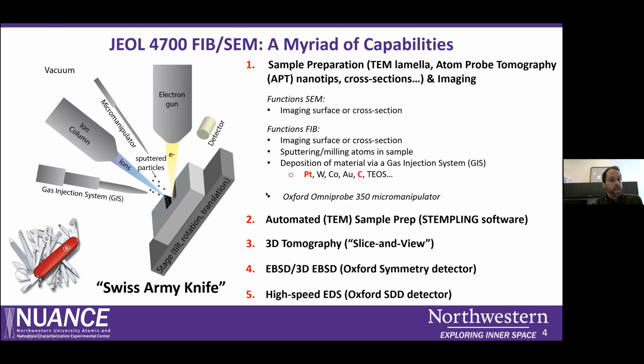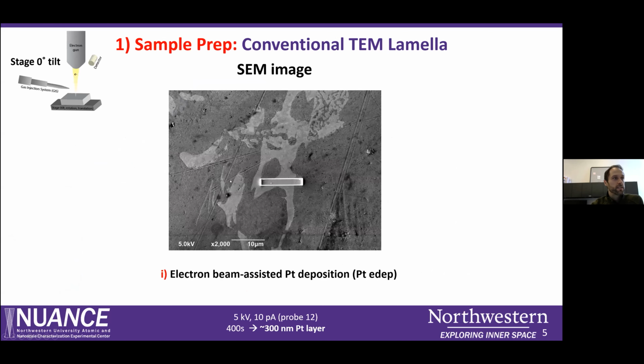And lastly, she will talk about high-speed EDS that we can also acquire with a high-speed silicon drift detector. So let's start with sample preparation, so conventional TEM samples.